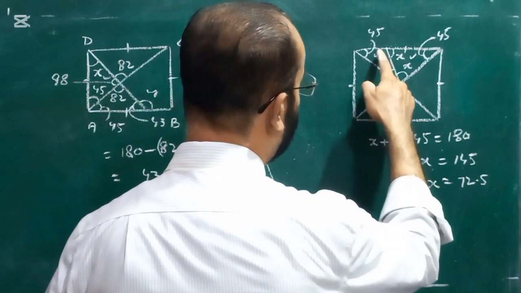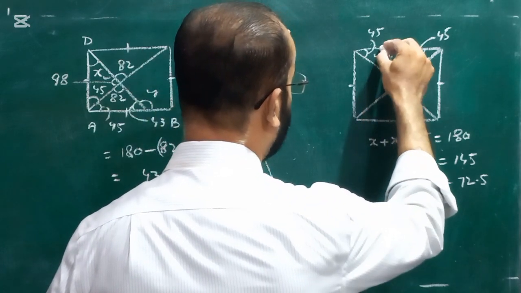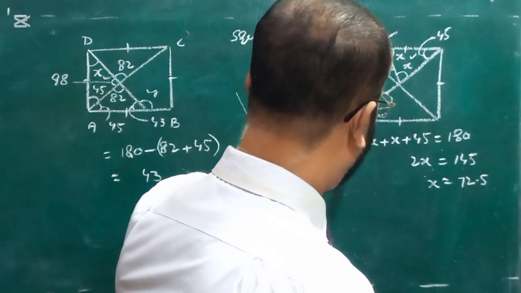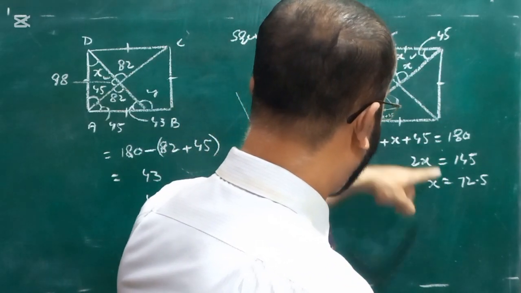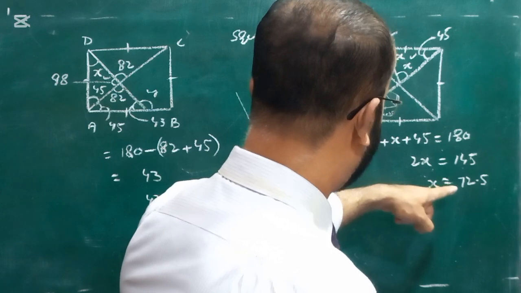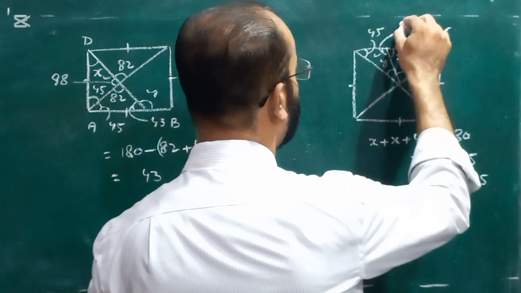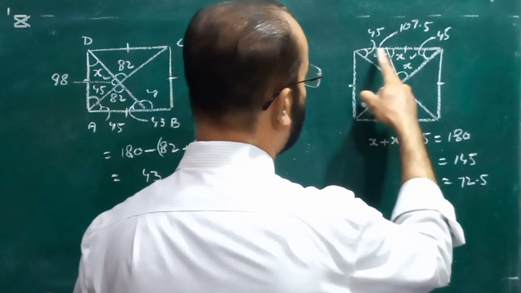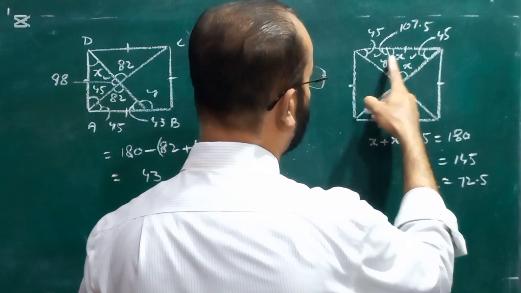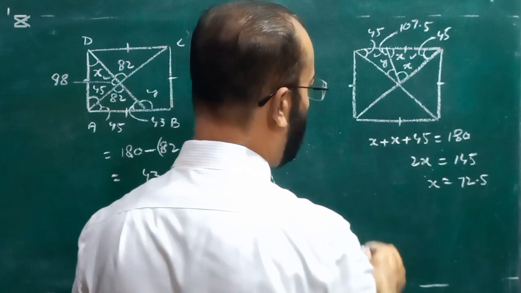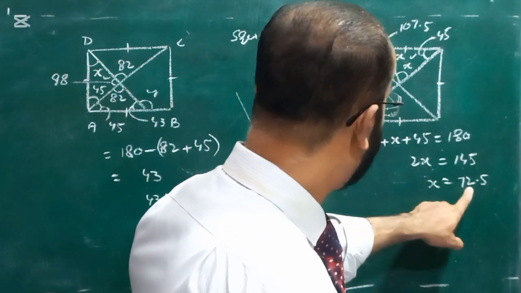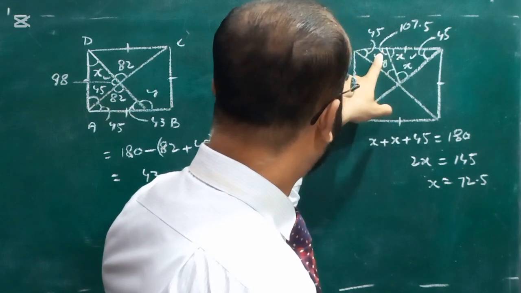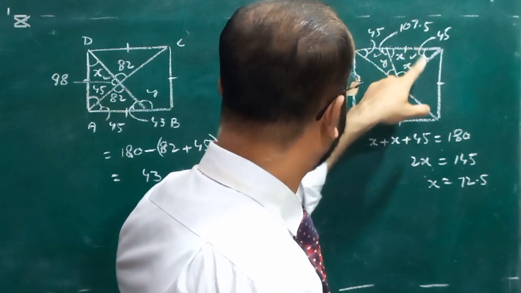If this is 72.5, the remainder angle will be 107.5, because the sum of the angles on a straight line is 180. So if this is 72.5, the remainder should be 107.5.